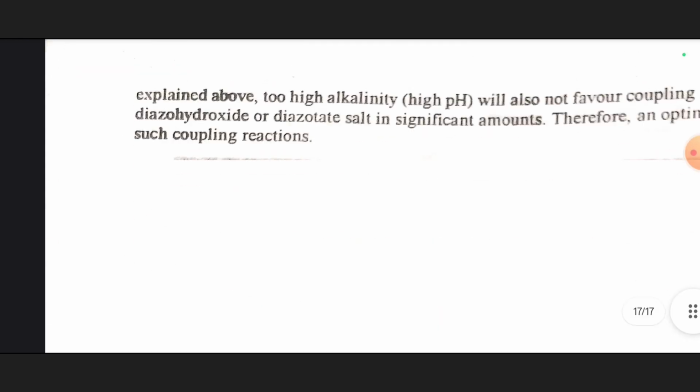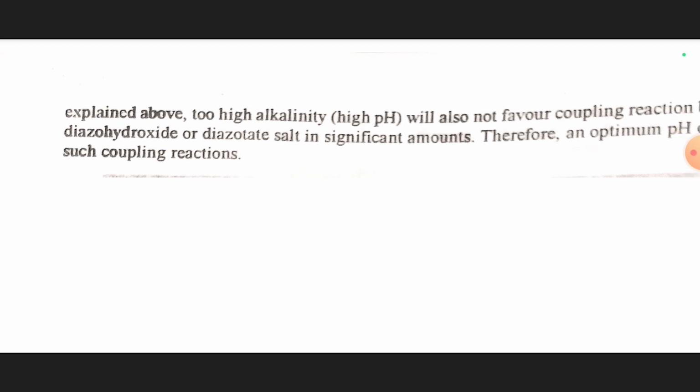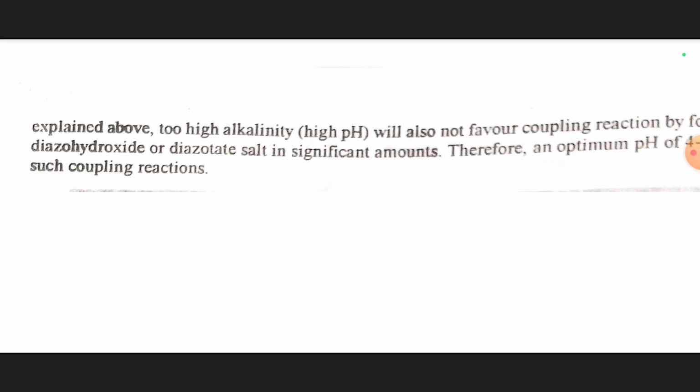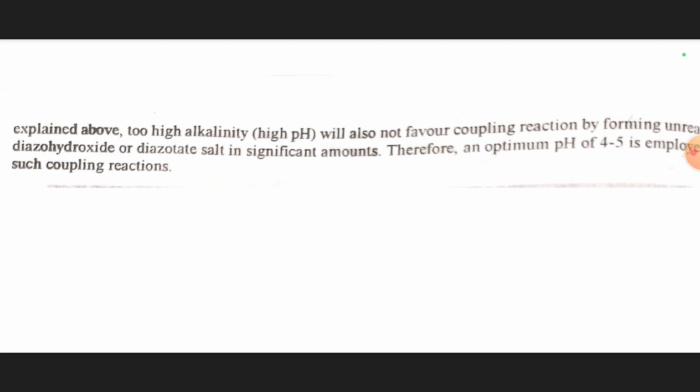Further, as explained above, too high alkalinity will also not favor coupling reaction by forming unreactive diazohydroxide or diazotate salt in significant amount. Therefore, an optimum pH of 4 to 5 is employed for such coupling reaction.